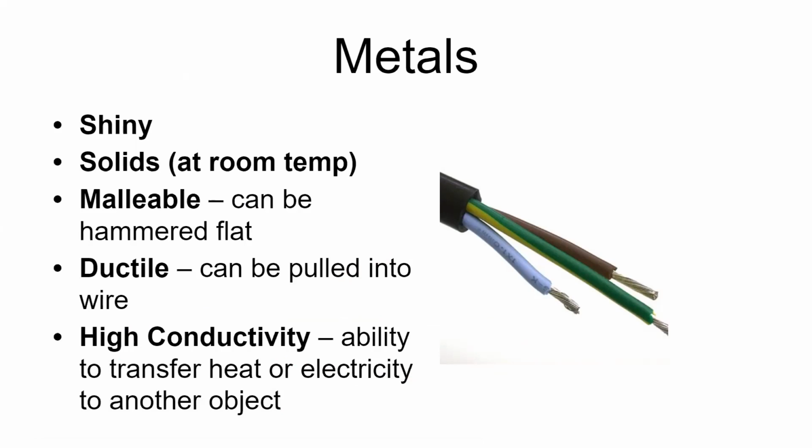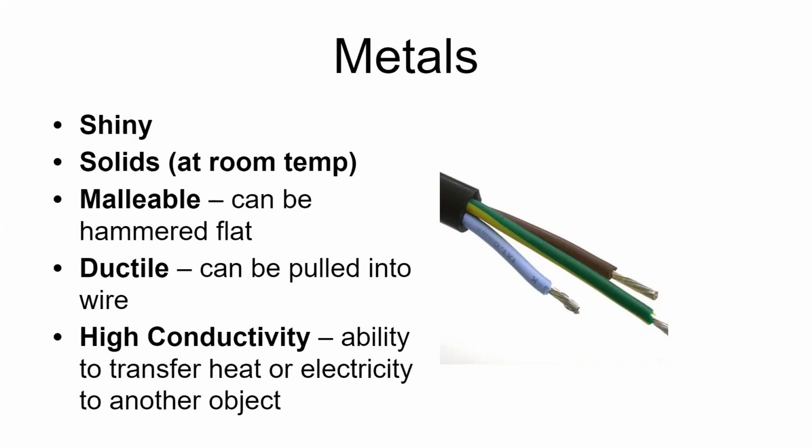If you have a plastic fork or a wooden stick and you stick it into the socket, nothing's really gonna happen, right? I mean, I would suggest that you don't do that. It's not a great idea, but you're probably not gonna get seriously injured in the process, because things like plastic and wood are bad conductors. They do not move electricity very easily.